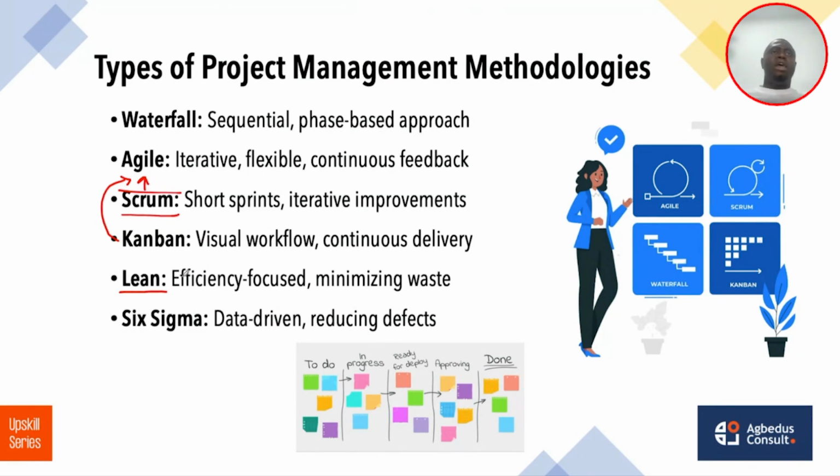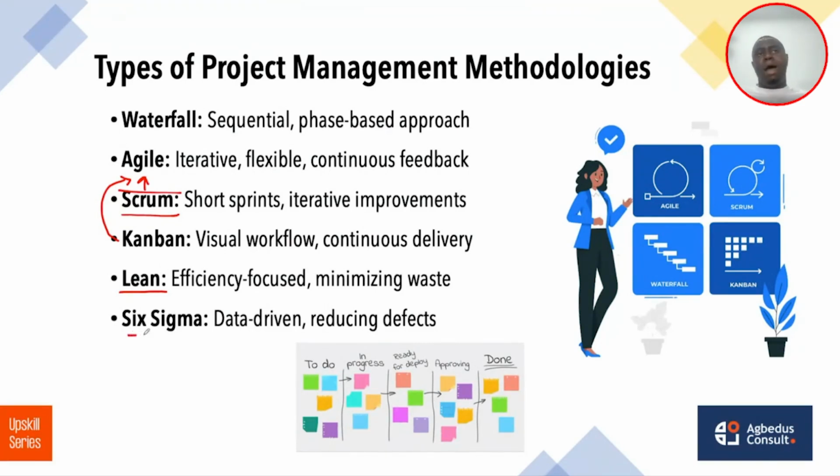Let's say they realize that the cost of production is very high, they apply the Lean methodology to reduce cost or even time, to make things more focused. They focus on the key stuff. The name Lean shows that they are trying to make the process, the cost, or the efficiency very lean instead of making it very huge.